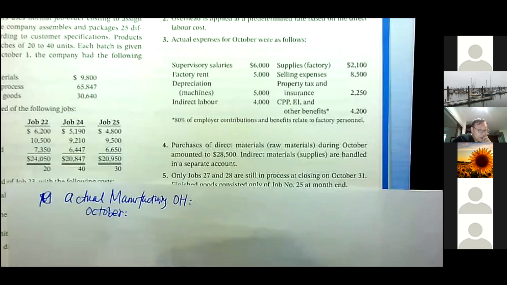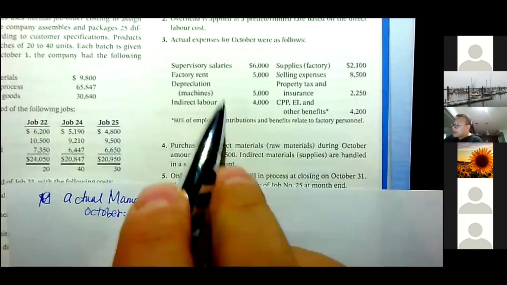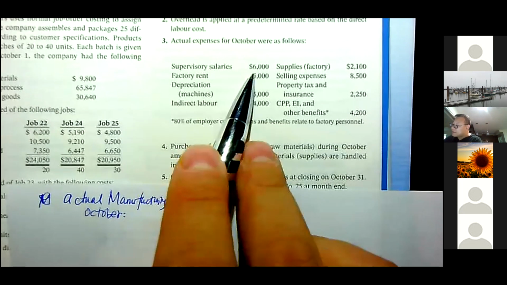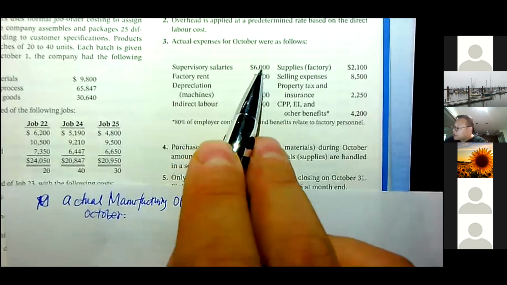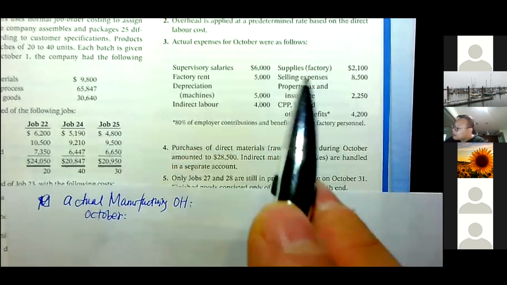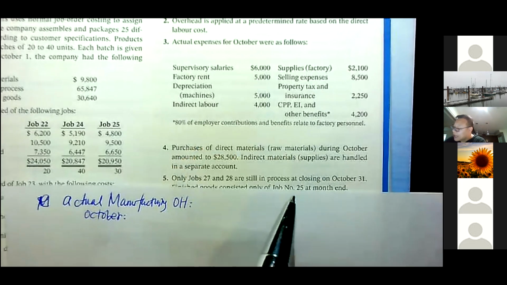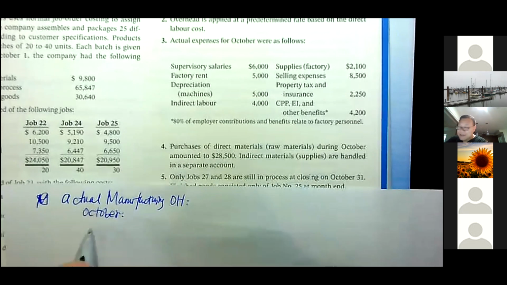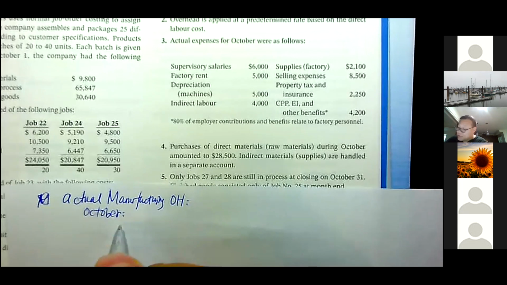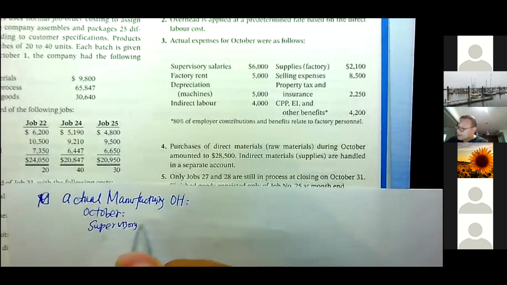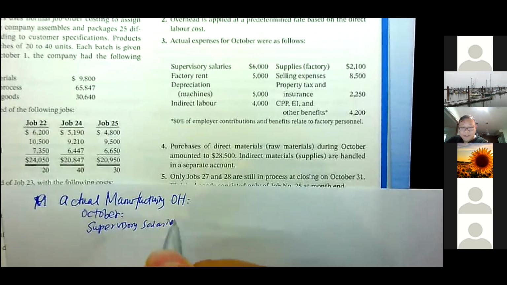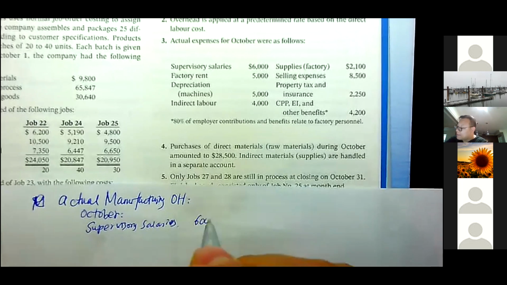So we know that supervisor salaries, is this a manufacturing overhead? Yes. So that's the 6,000, right?